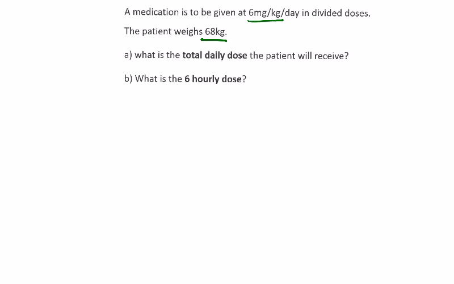So first we're just dealing with the total daily dose, which is the case because that rate is for the full day. One calc we can do is use a box where the have and the want will be slightly different from the usual interpretation we give. The have here is that rate, 6 milligrams per 1 invisible kilogram.